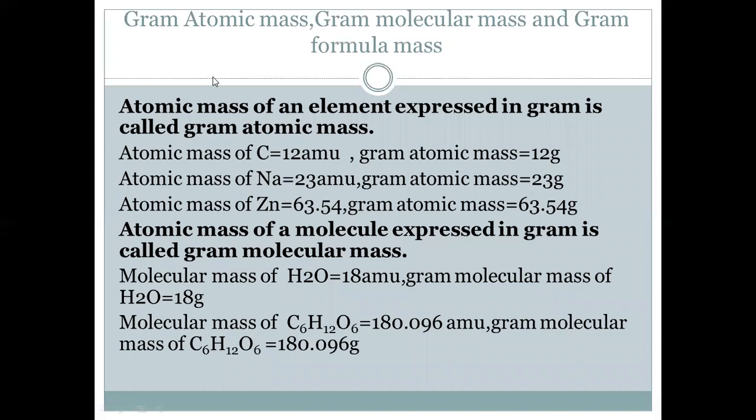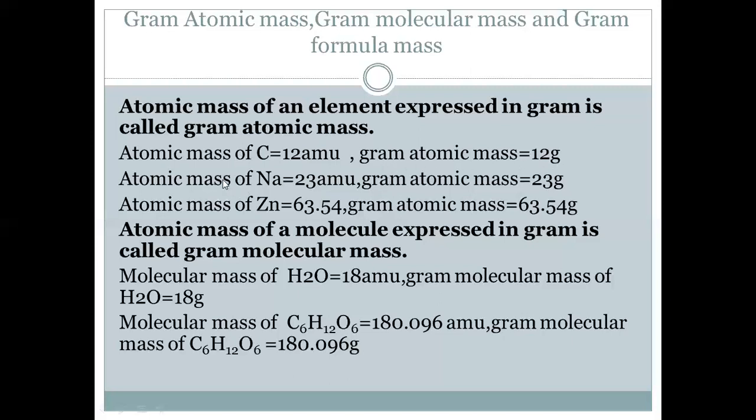Now gram atomic mass, gram formula mass, and gram molecular mass. Atomic mass of an element expressed in gram is called gram atomic mass. You can see the atomic mass of carbon is 12 AMU. If we represent it in AMU, then we call it atomic mass. But if, instead of AMU, we represent it in grams, then it is called gram atomic mass.